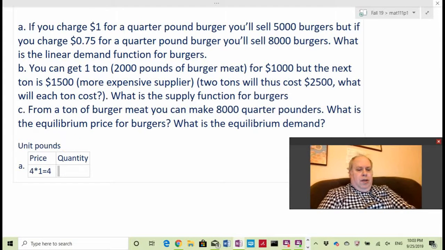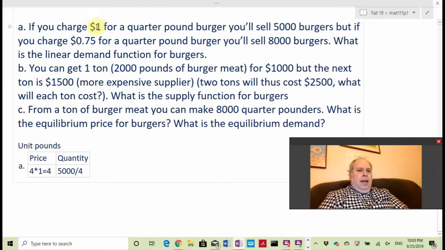And how much will you sell? Well, you'll sell 5,000 divided by 4 pounds of burgers. So instead of $1, we have $4, and we'll sell 5,000 over 4 pounds, which is 1,250 pounds of burger meat.